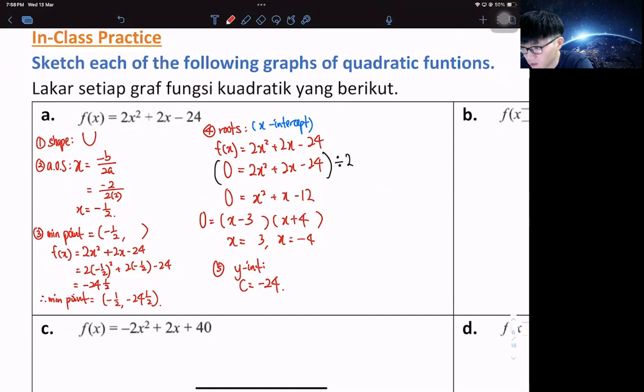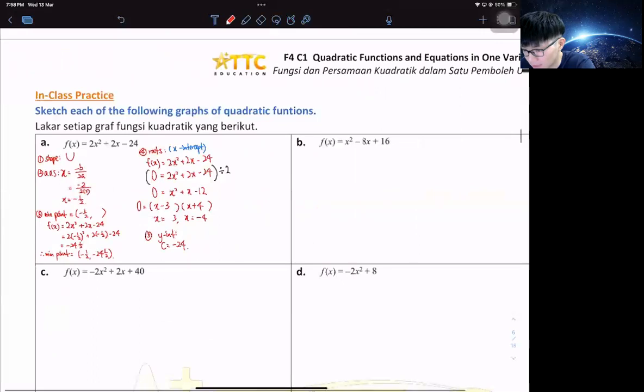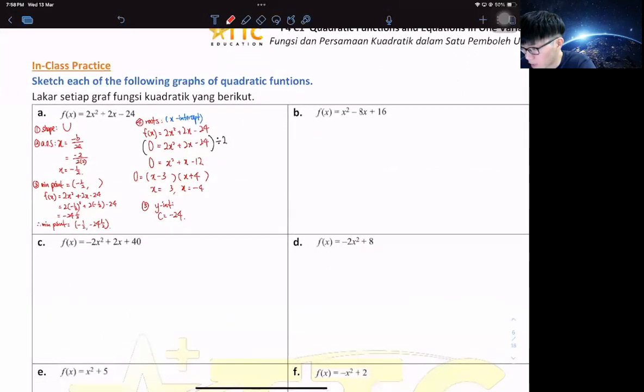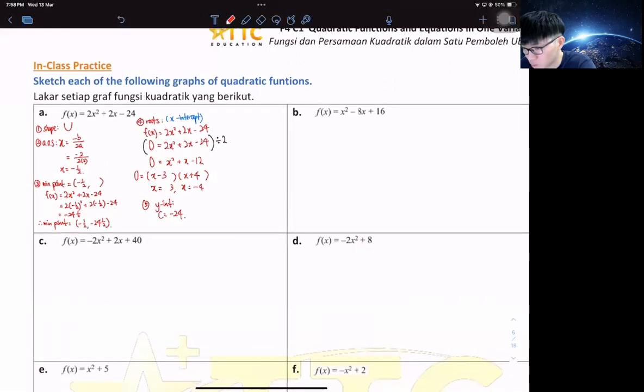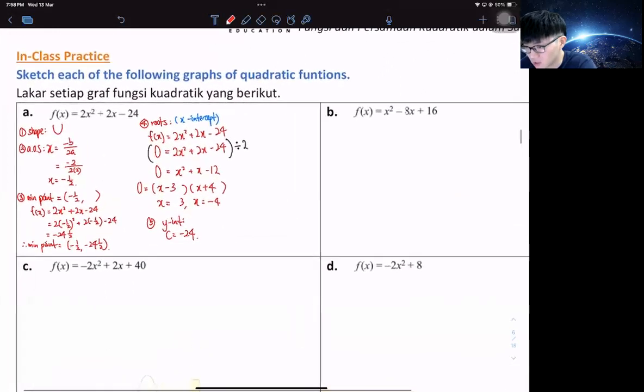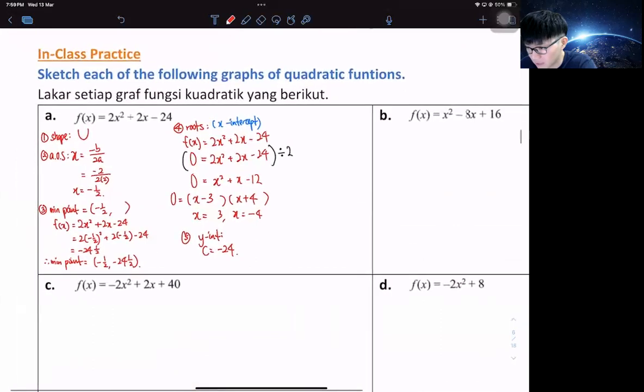Okay. Next week, we will sketch the graph. So prepare some A4 papers for yourself. I know the space given is not enough, right? So today your job is to make sure you do these 5 steps without any problem.